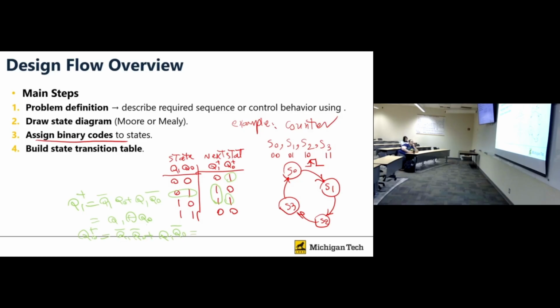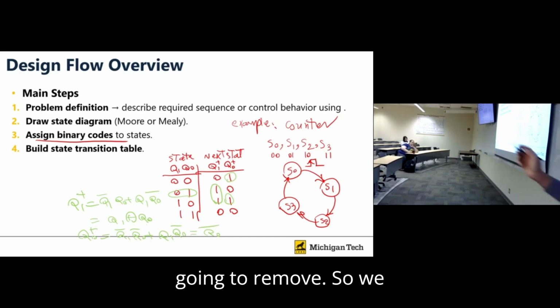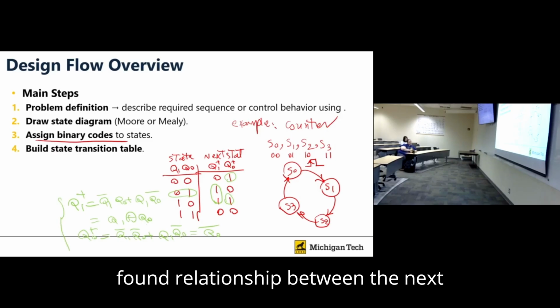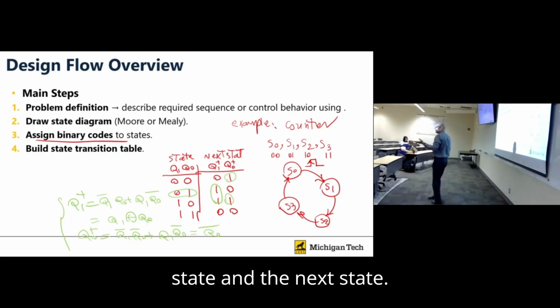This easily gives Q0 bar, because Q1 is going to be removed. So we found the relationship between the next state and the previous state.